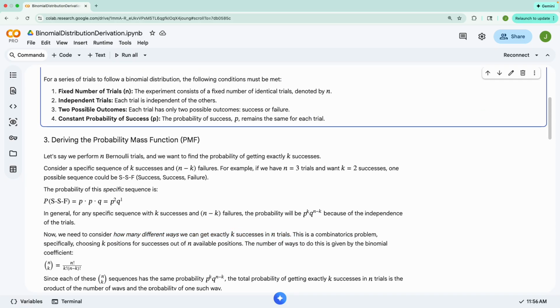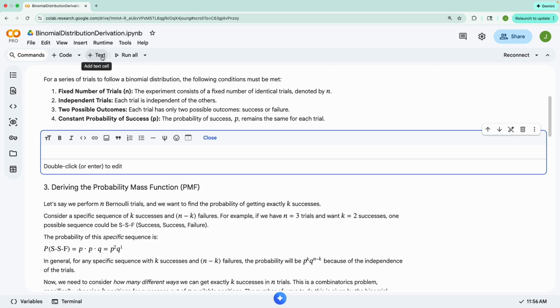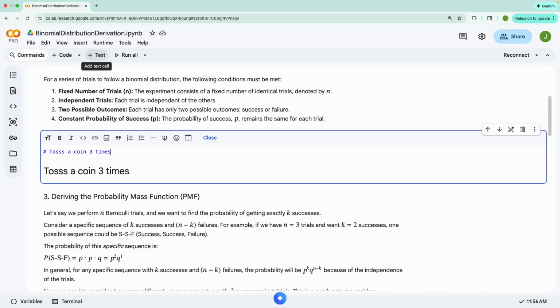And let me just show you what those outcomes are. Tossing a coin 3 times, how many ways can we get 2 heads?